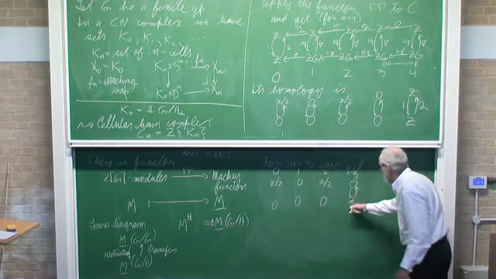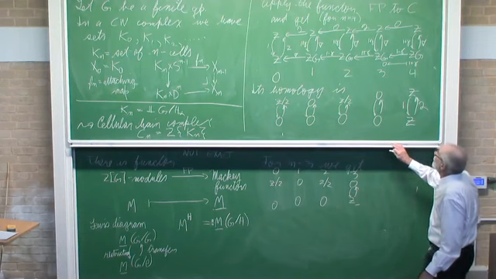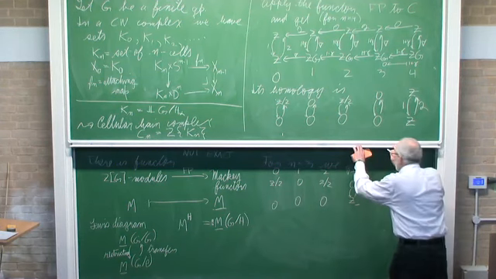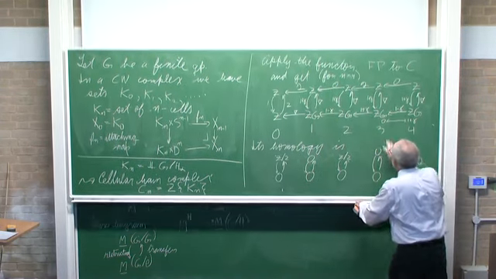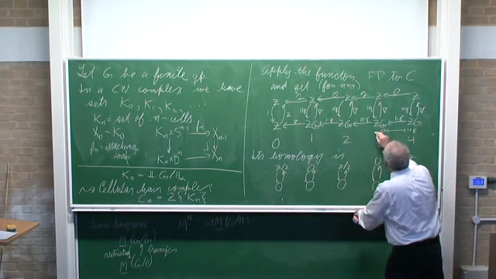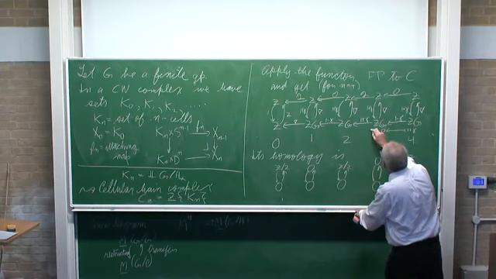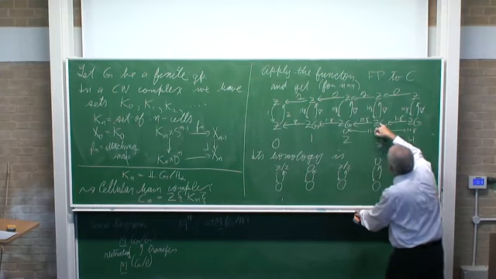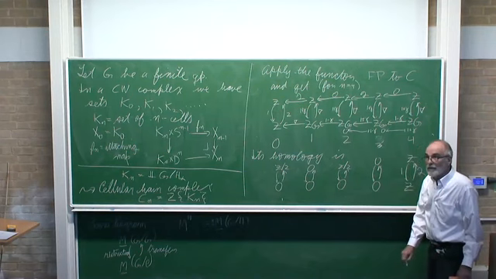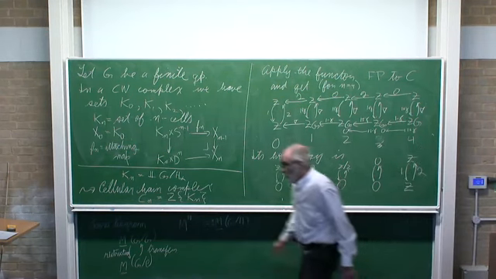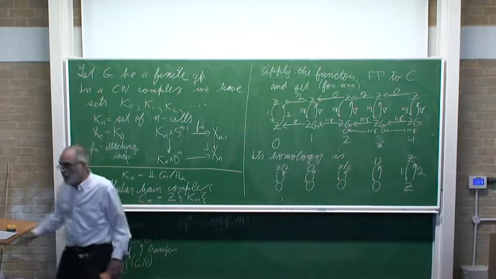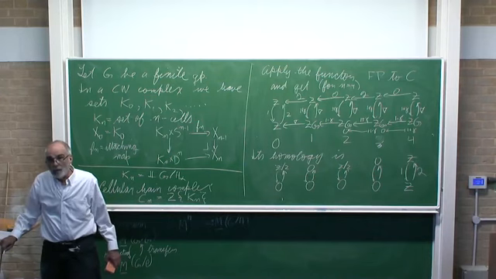Now I wrote Z minus here because what I mean by that is a copy, let's see, the element 1 minus gamma is in the kernel of this map. The kernel of this map is generated by 1 minus gamma. And how does the group act on 1 minus gamma?